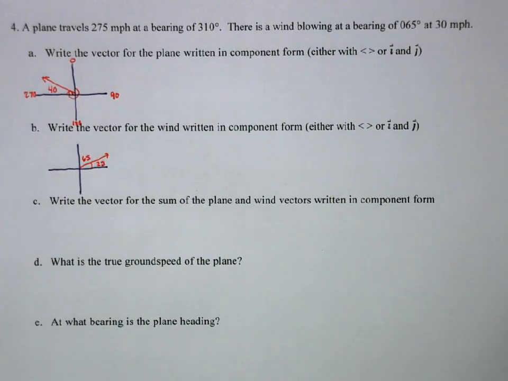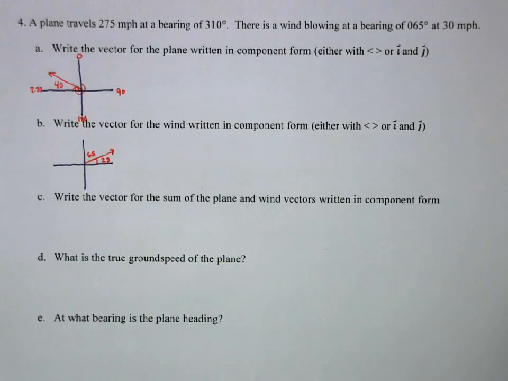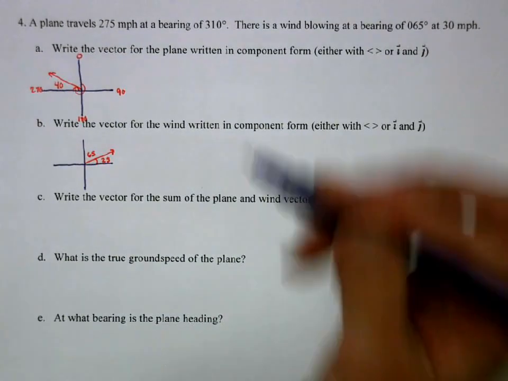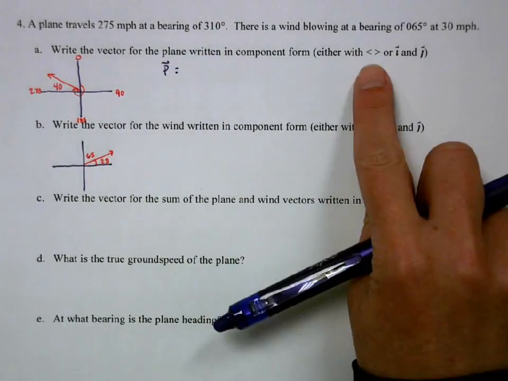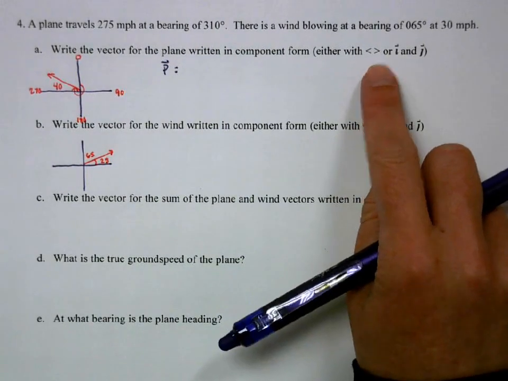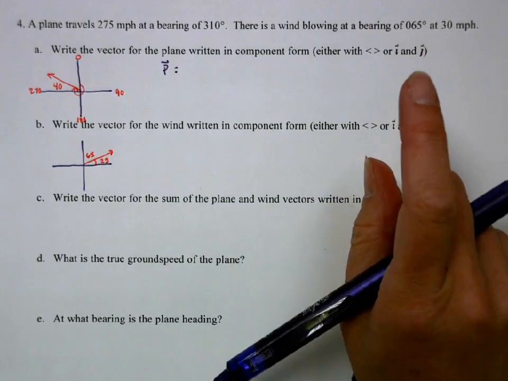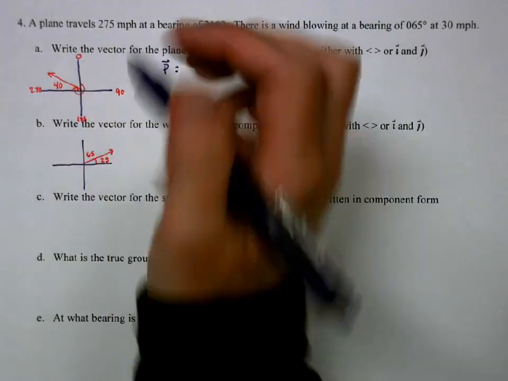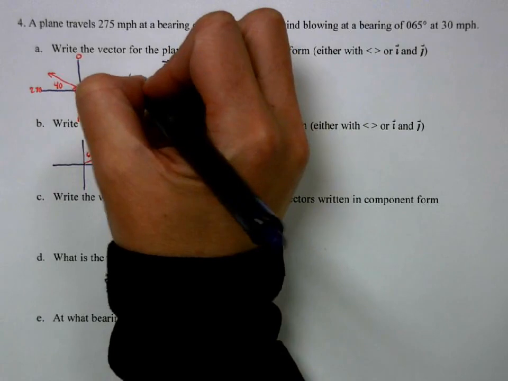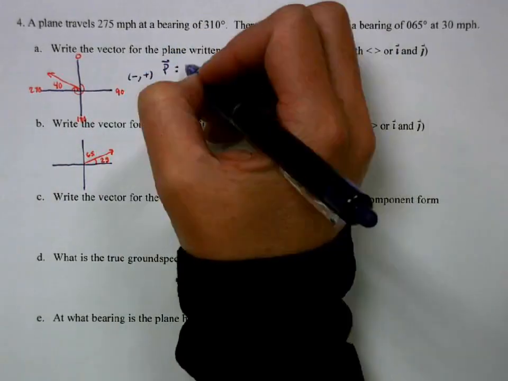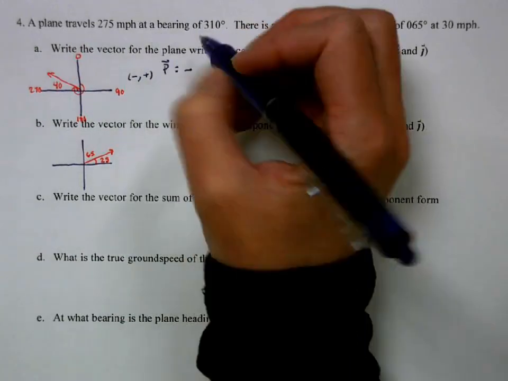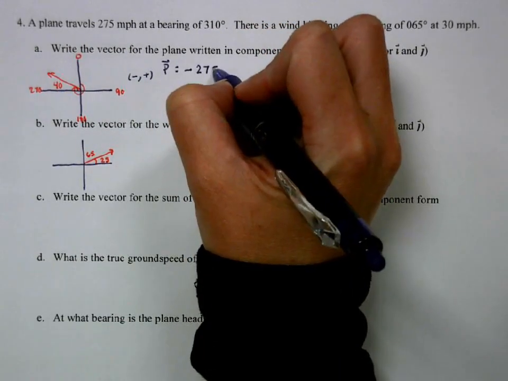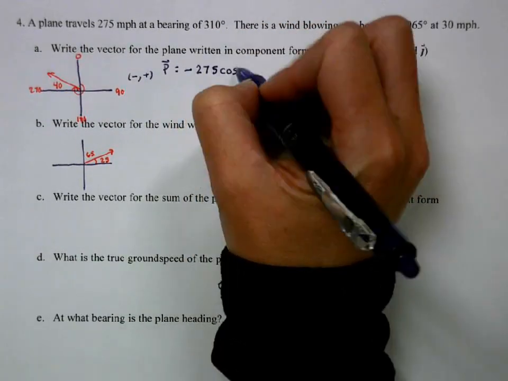Next, we're going to write the component form. You can use whatever notation, just as long as it's clear what's happening in the x direction and what's happening in the y. So this one is going to be a negative, positive. My first is going to be negative: we do the magnitude, which is 275, times the cosine of the reference angle, which is 40.